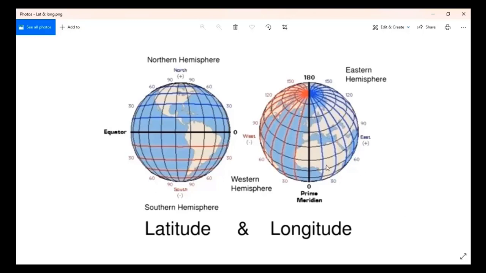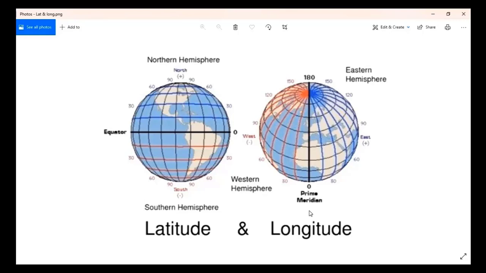Longitudes are lines that run parallel to the prime meridian. They are known as the vertical geographic coordinate or the x-axis. The measurement is from the prime meridian to the east and to the west.